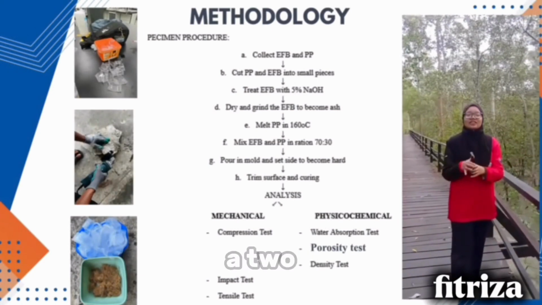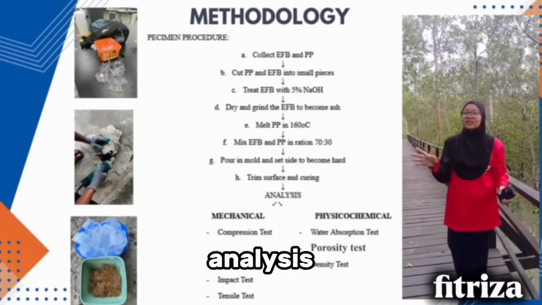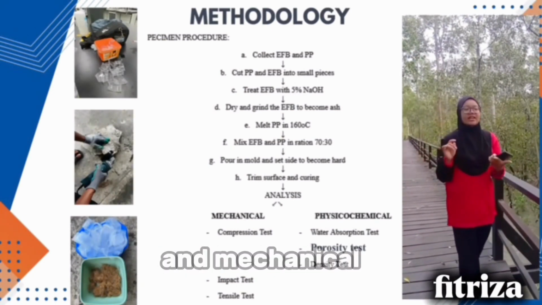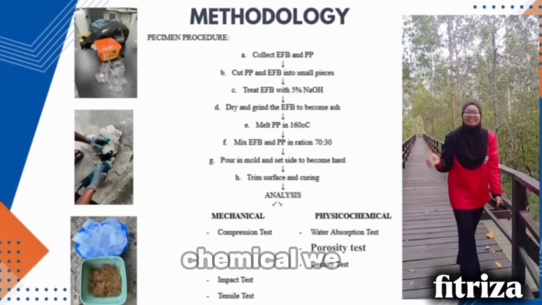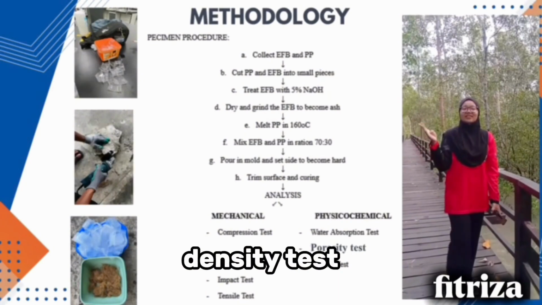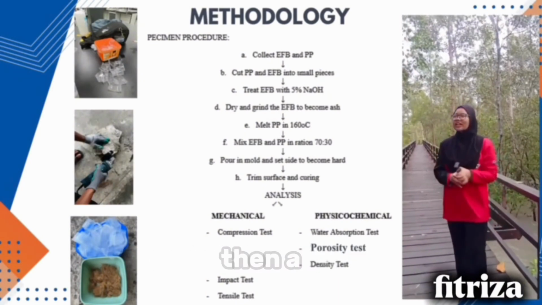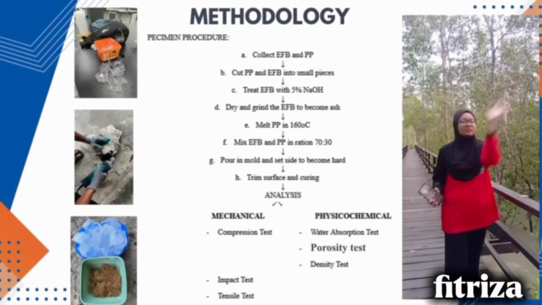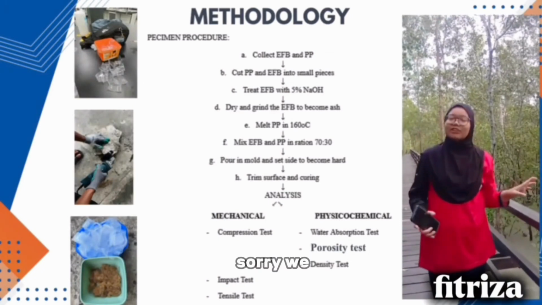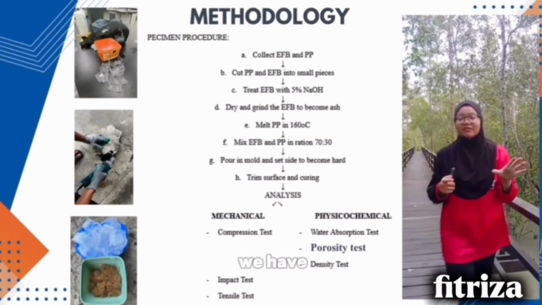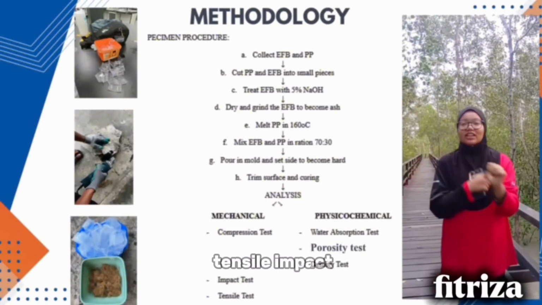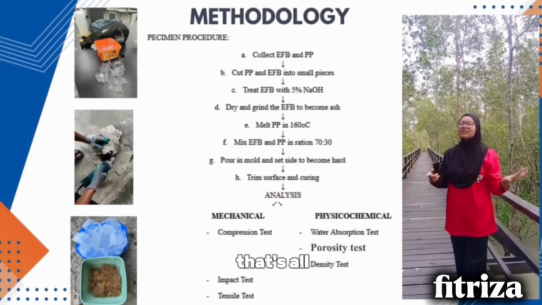So we have done 2 types of analysis, which are physicochemical and mechanical. For physicochemical, we have done density test, water absorption and porosity. In mechanical we have done tensile, impact and compression. That's all.